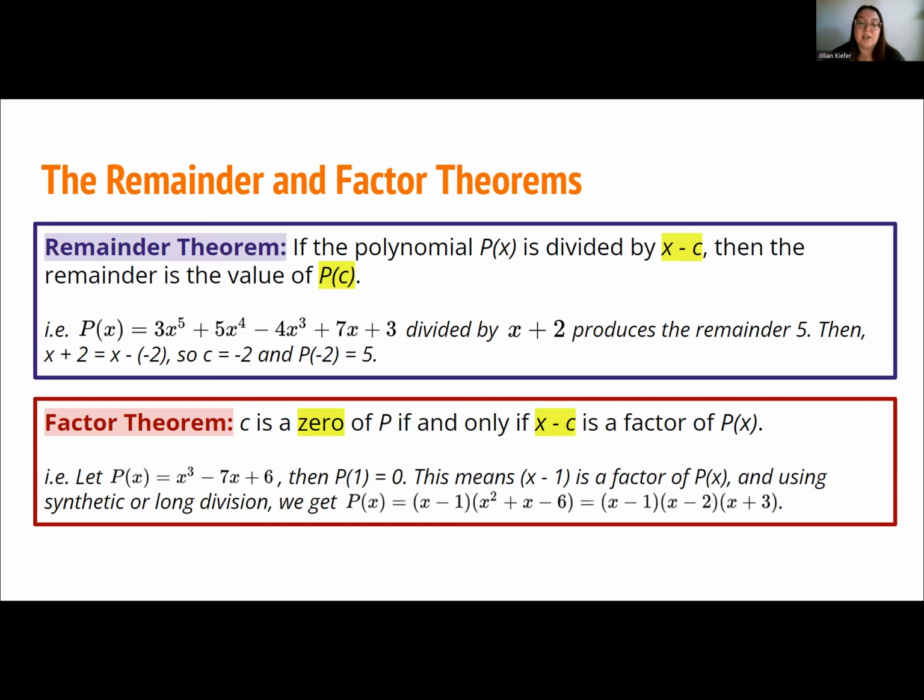And you would get that p of x is really equal to x minus 1 times x minus 2 times x plus 3. So p of x was made up of 3 different factors. So that's one way that we can factor a polynomial, finding one factor and using division to find the rest. All right, let's see how this is used in an example.